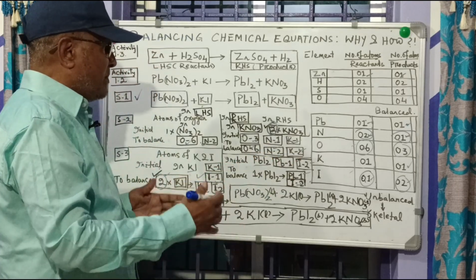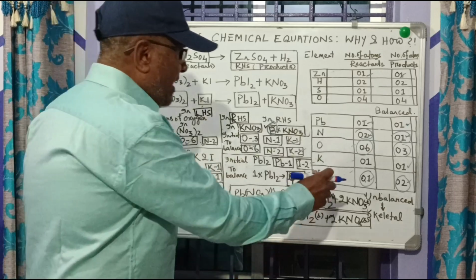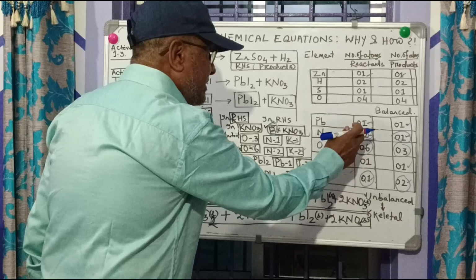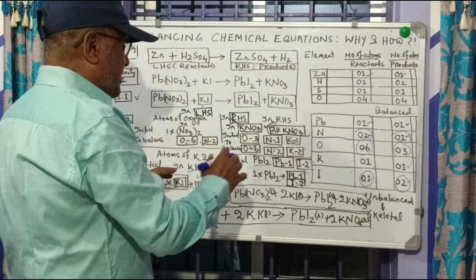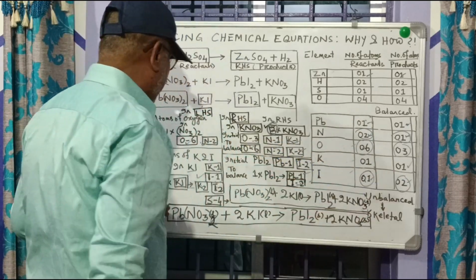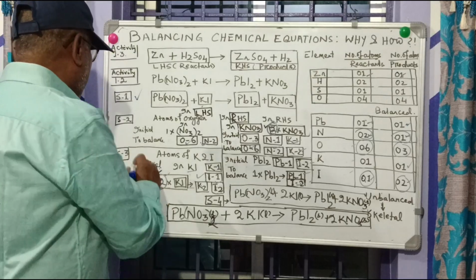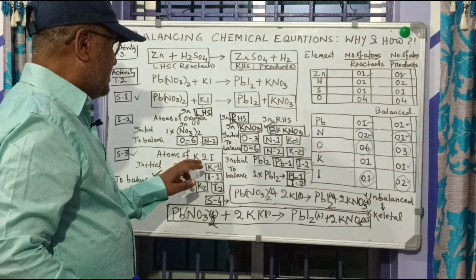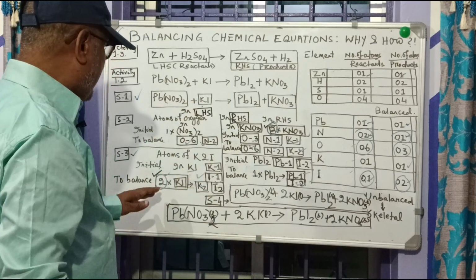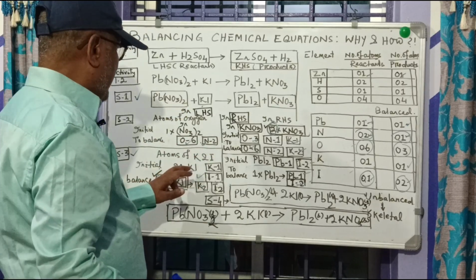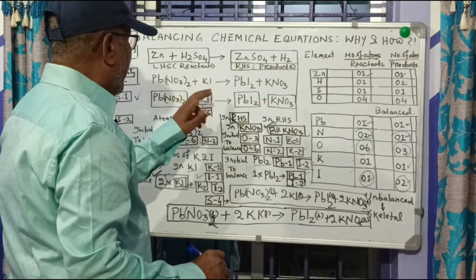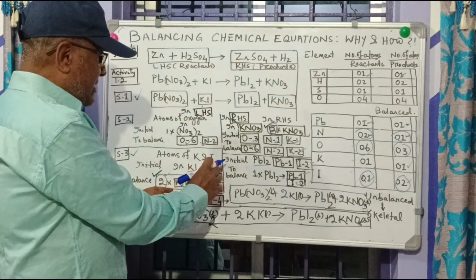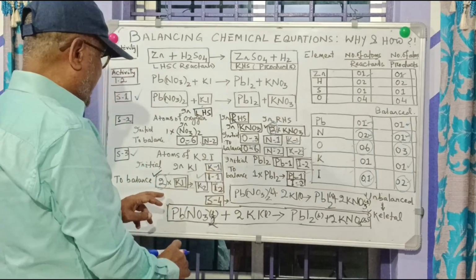Then another problem arises. Now nitrogen is over, so let us focus on iodine. So in step 3, let us take atoms of potassium and iodine. Initially, you see in KI, potassium iodide, the number of potassium is 1 and iodine 1.